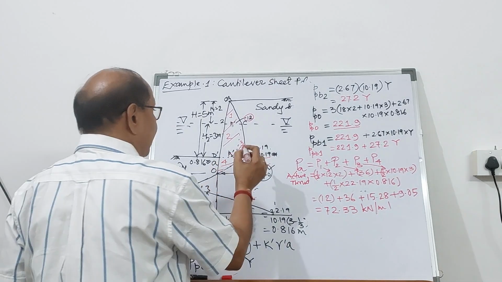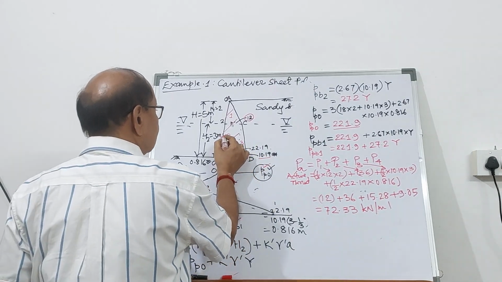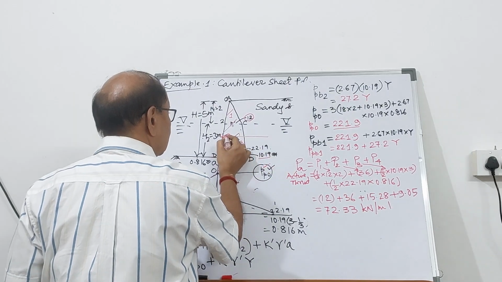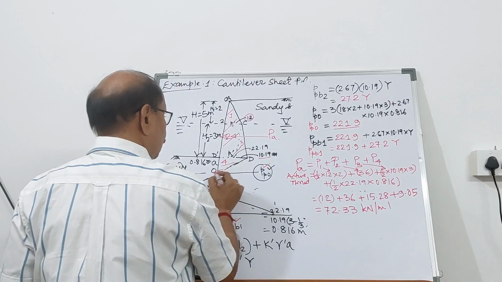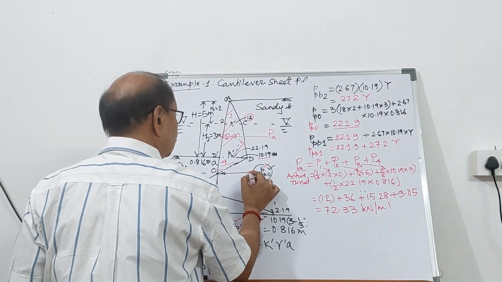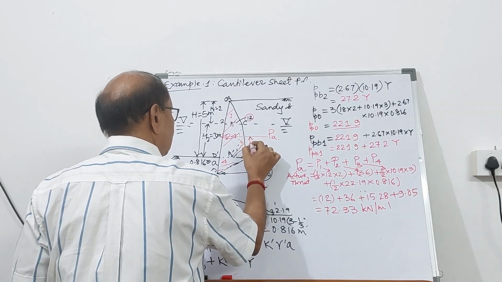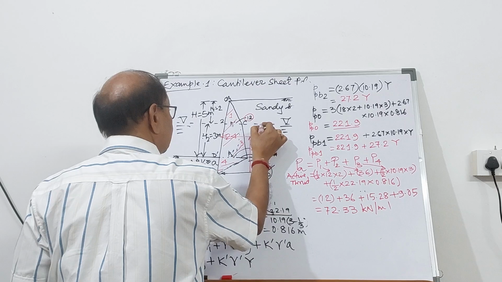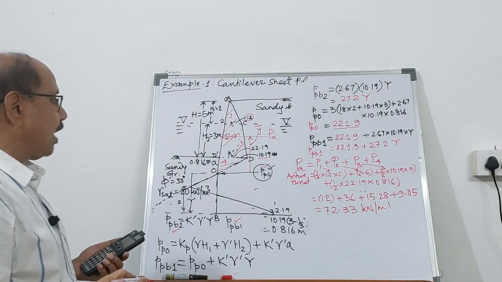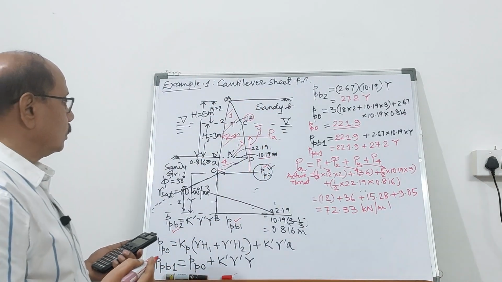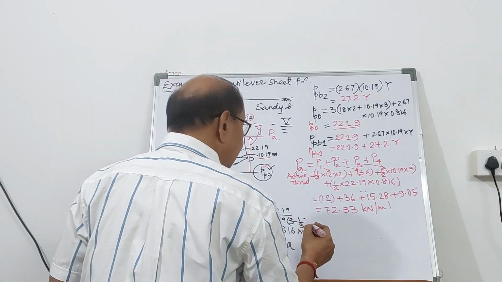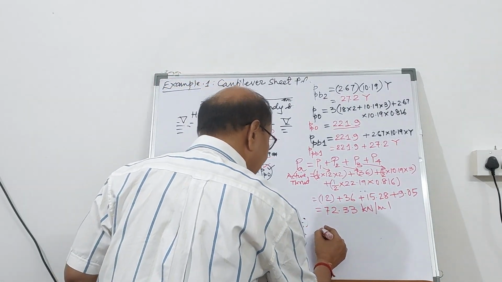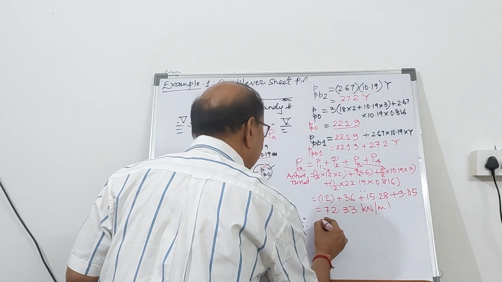Now the point of application, if you want to find it out, this is PA. So with respect to O, let's say this distance is y bar. So I need to calculate y bar. Therefore, y bar also the point of application.